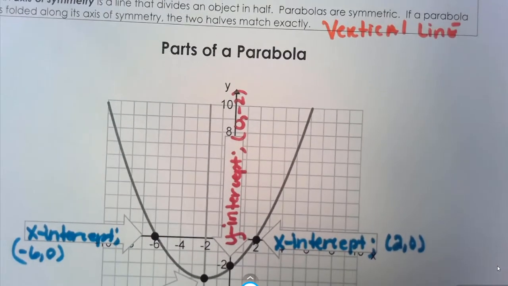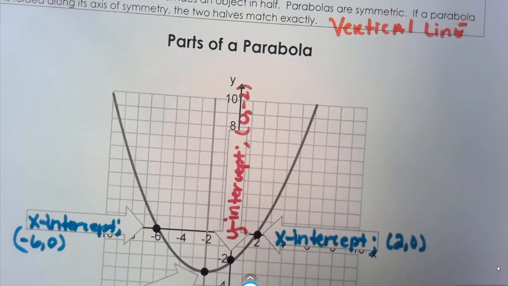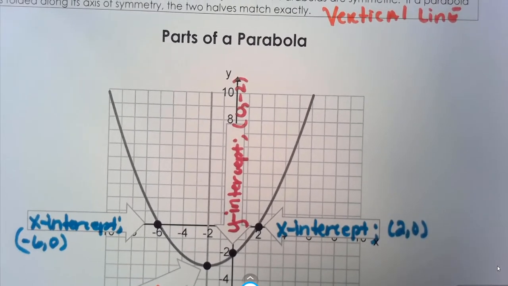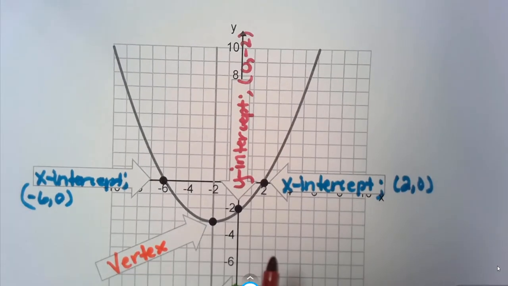So these are the parts of a parabola that we're going to identify to graph the parabola. So instead of creating a table of values, we are going to use the terms that we've covered on this first page to plot the points and create our parabola, which may open upward or may open downward.